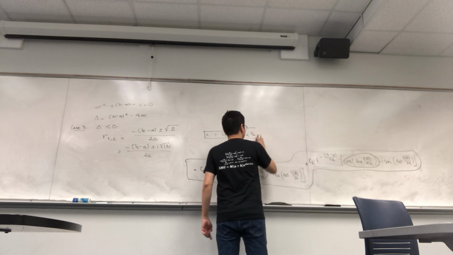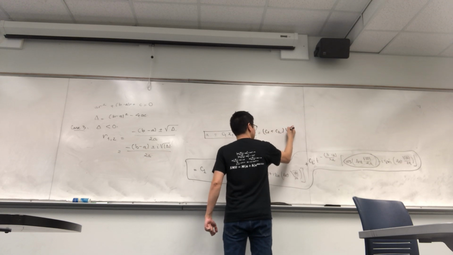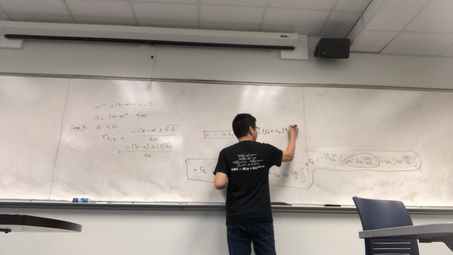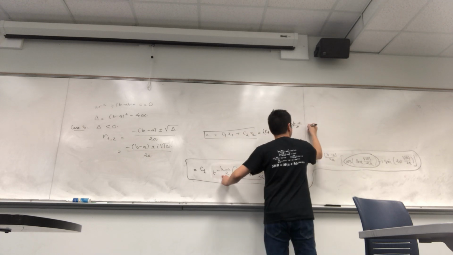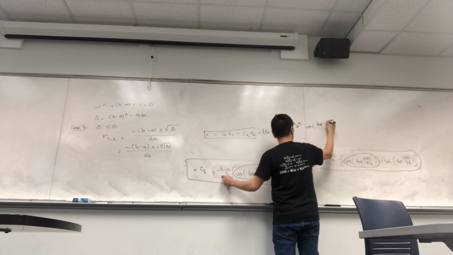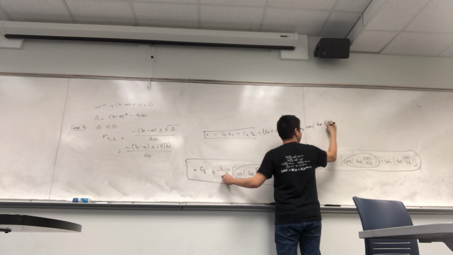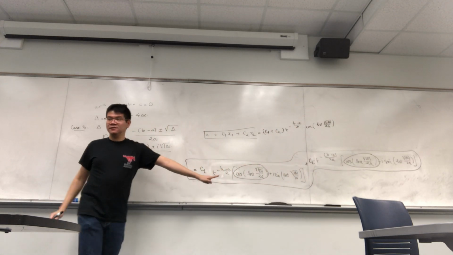So I'm going to get c1 plus c2 times t to the power minus b minus a over 2, cosinus of log t square root of delta over 2a. This is the first guy, right?